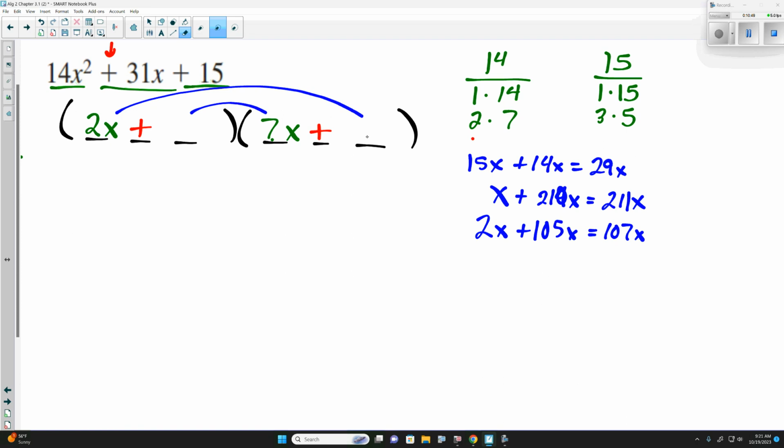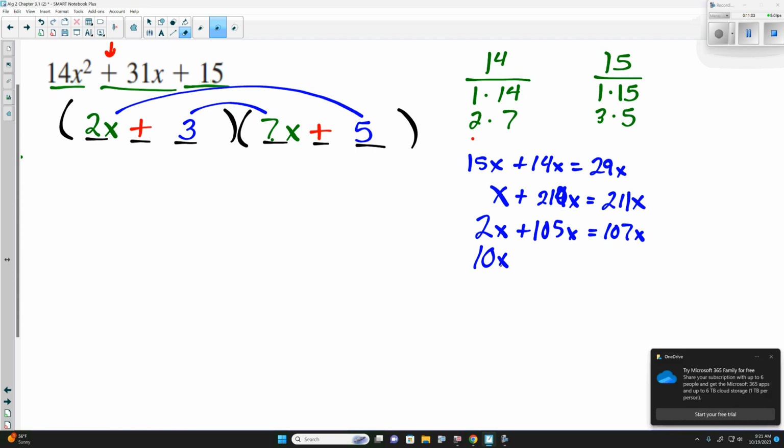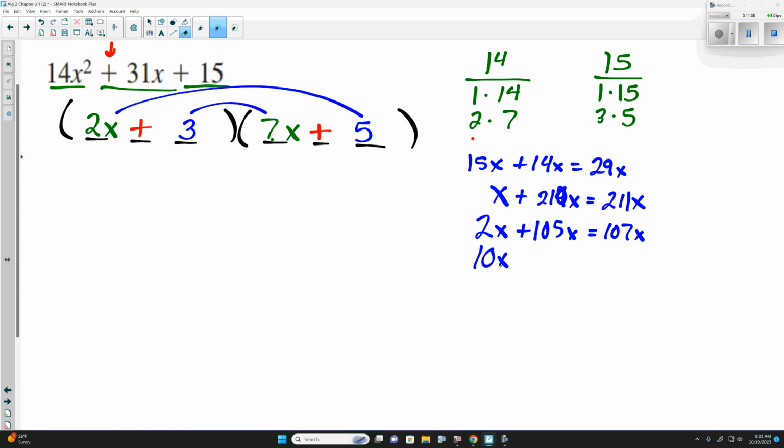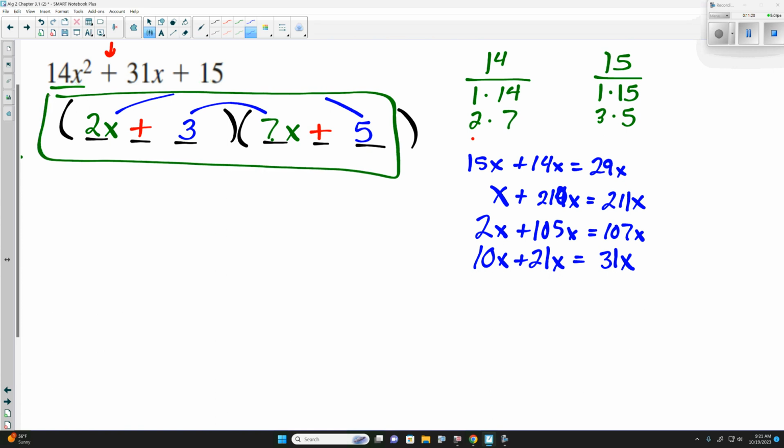We can do 3 and 5. So we can try this here. 2x times 5 is 10x. 3 times 7x is 21x, and 10x plus 21x is 31x, so that is the correct set of factors.